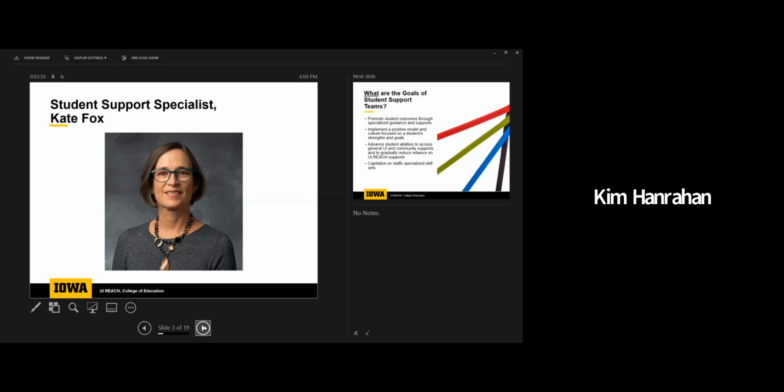So she can either address issues that are emerging at that time or during that evening, but she also then is available to follow up with issues that may have arisen during the day. So, a student maybe was absent from classes but not answering the phone. So Kate can knock on the door and make sure she's okay. She or he or they are okay.